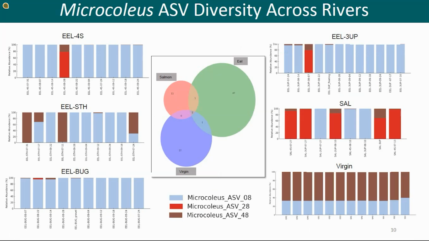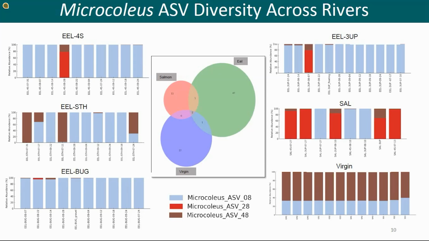And we also don't know how many different Microcoleus strains are growing together and producing toxins. So we dug a little deeper and studied the Microcoleus amplicon sequence variants, where we found that 47 unique ASVs of Microcoleus were present in Eel River, 15 in Salmon River, and 27 in Virgin River.